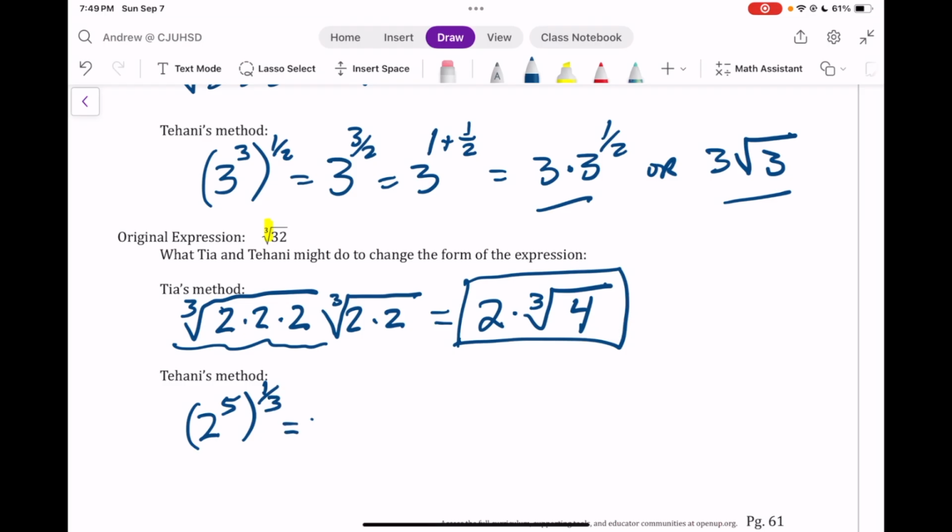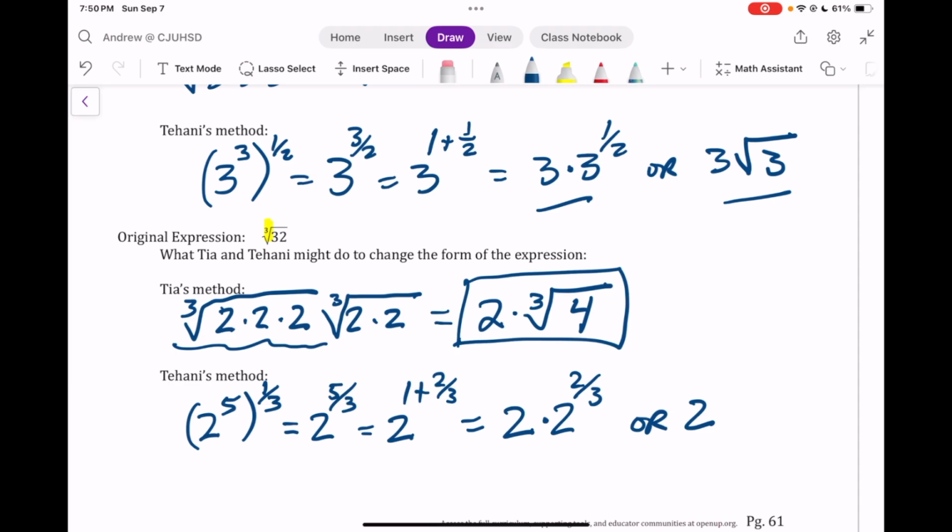As a mixed number, 5/3 could be written as 1 plus 2/3. 2 to the 1 is the 2, and 2 to the 2/3 as a root could be, here's the 2, and then the cube root of 2 times 2 is 4. This one is equivalent to this one.